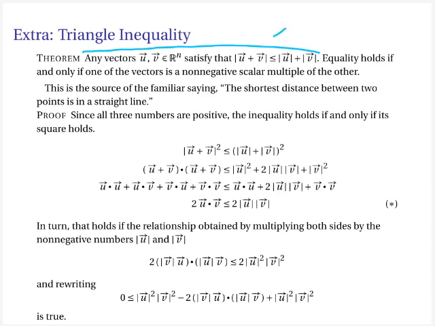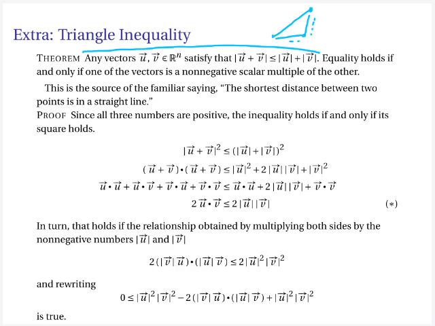That is to say, if you're going to go from one place to another in space, it is longer to go around. If you go straight from the origin to u plus v's endpoint, that is shorter than or equal to going first along u's vector and then along the v vector. So the shortest distance between two points is a straight line, familiar.